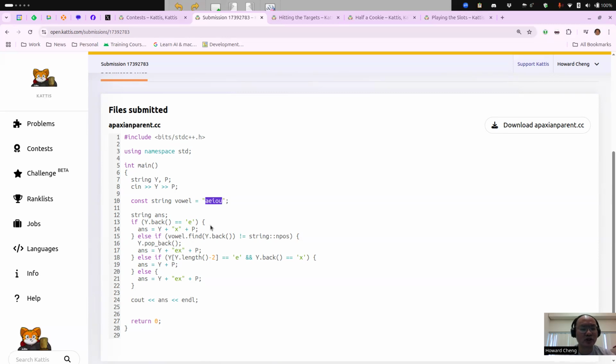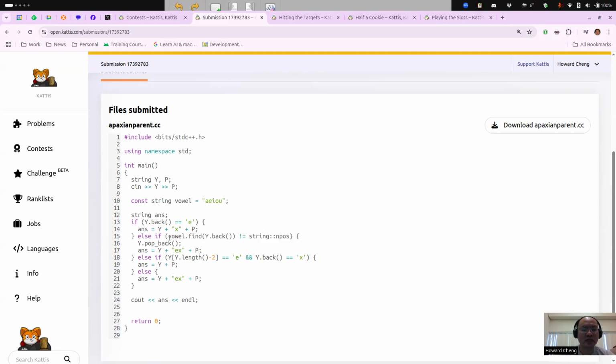So it's a linear search, but it would be the same thing if you write 5 if statements, right? Or you use an or: if it is an A or it's an E or it's I and so on. So I use string.find, and string.find is supposed to return the position where it's found, or if it's not found, it returns a special constant called string::npos.